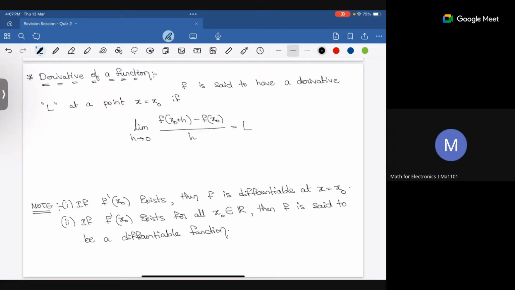So what is the derivative of a function? It is actually a limit value. f is said to have a derivative L at a point x equals x naught if this particular limit exists and equals L. The limit is, as h tends to 0, f of x naught plus h minus f of x naught, divided by h.